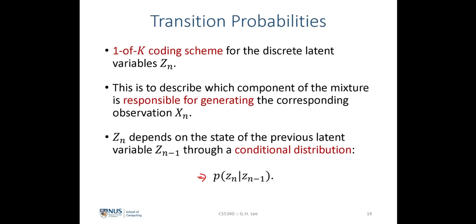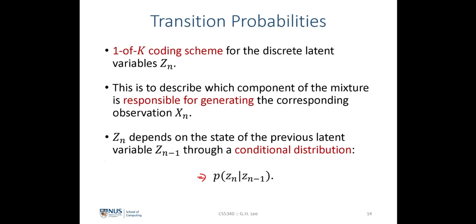So following the mixture model, this latent random variable Zn is also going to be a 1 of k coding scheme. This means that Zn is going to take 1 out of k states over here. And this is to describe which component of the mixture is responsible for generating the current observation xn.